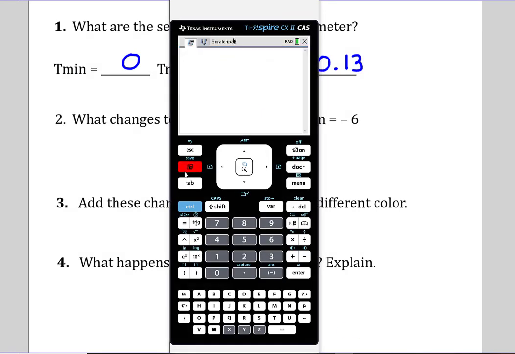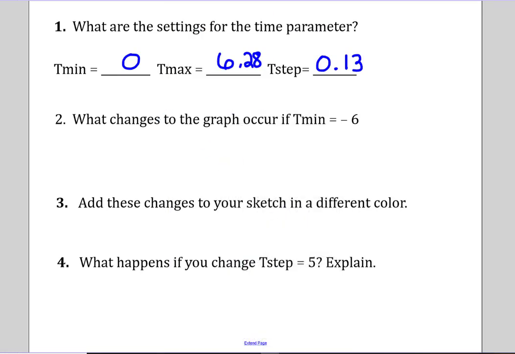So if we go back to the tab and a t minimum was negative 6, what would happen to our graph? And you can see what happens. It allows us to view the entire parabola or the entire curve by showing negative time values.